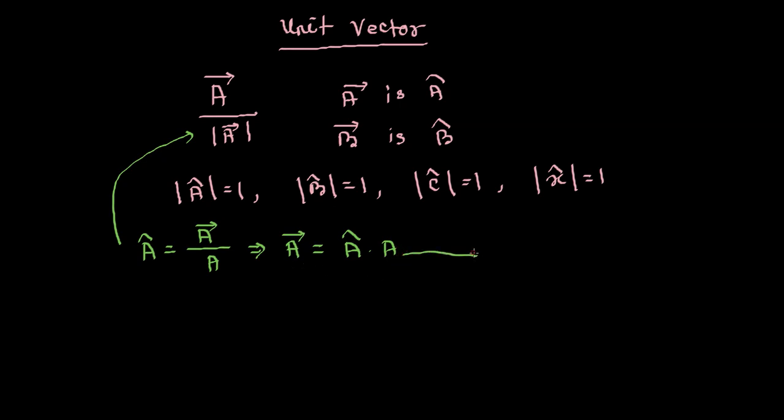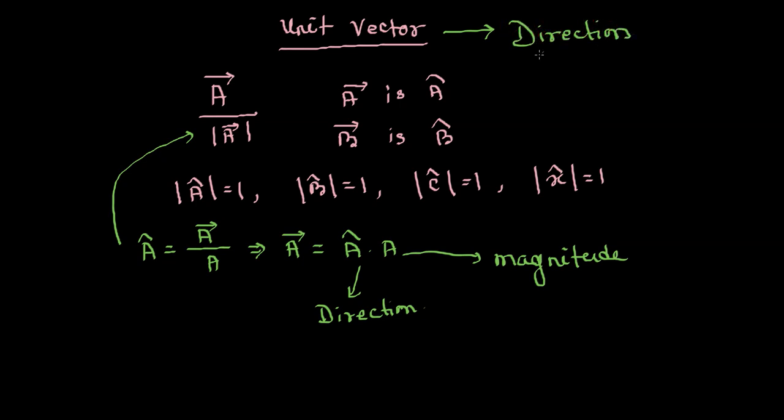Here we get magnitude and here we get direction, right? So what we concluded over here, it means unit vector gives us the direction, right? From this equation we find it out. Hope it is clear.